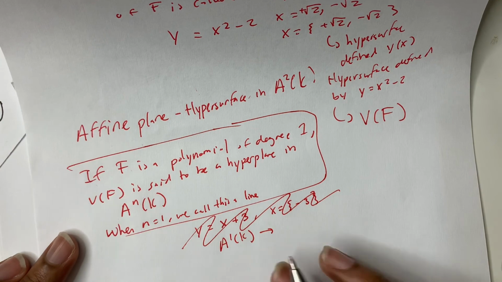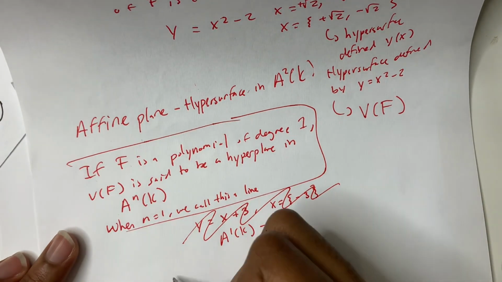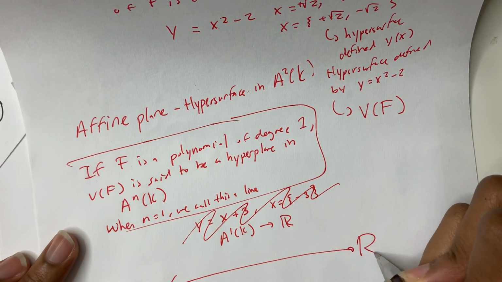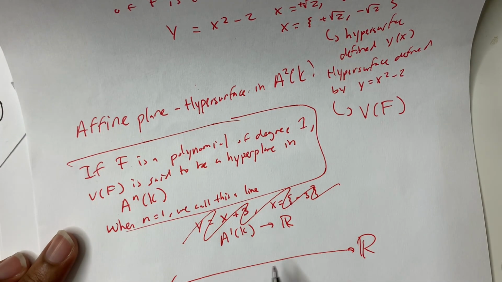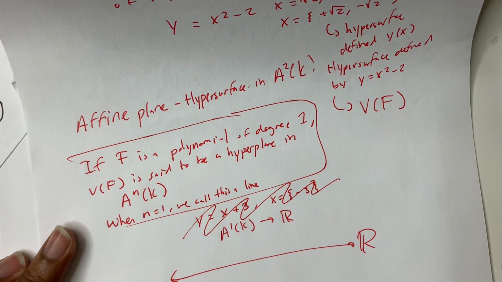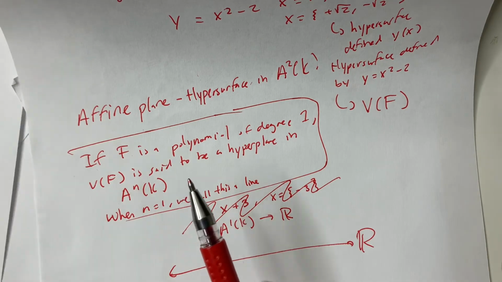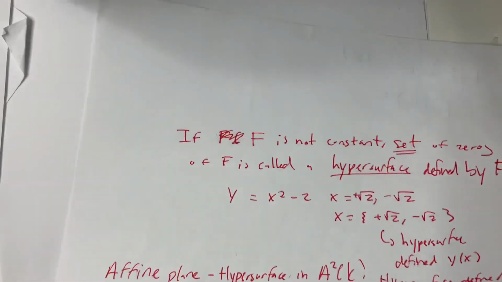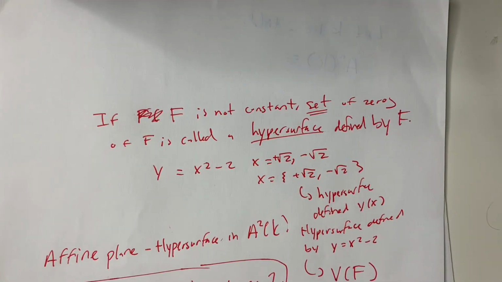That's A2 of K. It would just contain R. So we have the real number line, and then some zero of some polynomial defined on the real number line, of degree 1, we would call that a line. So that is all the terminology of today's video.